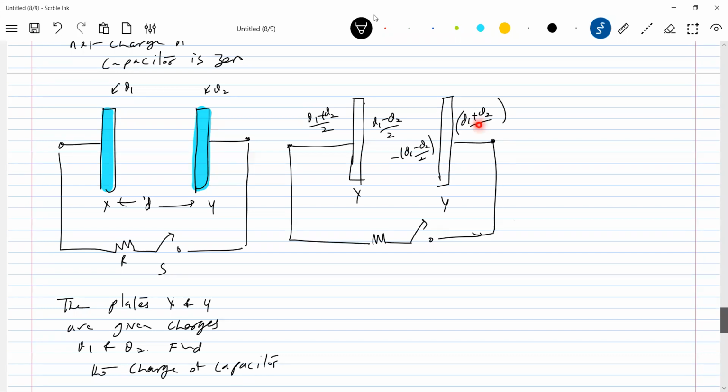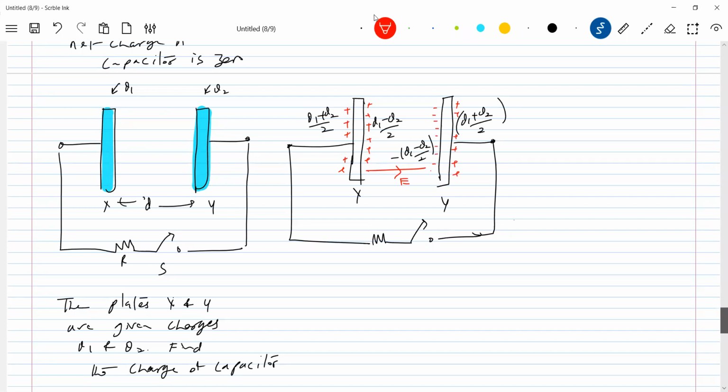So what is the charge of the capacitor? Which plate is at higher or lower potential? What about the electric field between the plates? We know it will be directed like this. From Gauss law, this is positive. The charge here will be positive. Here also positive charge will be deposited. Here it will be negative charge, and here it will be positive charge.